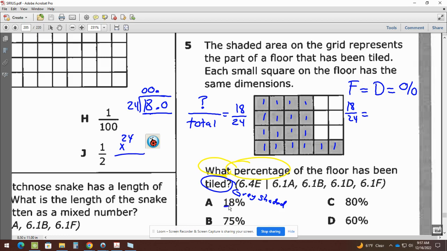It could be 1, 7, 8, or 6. Which one do you want to guess? 8? 8 times 24 is 192, it went over. So it's probably going to be 7. That's right. I knew it. 7 times 24 is 168, it is 7.